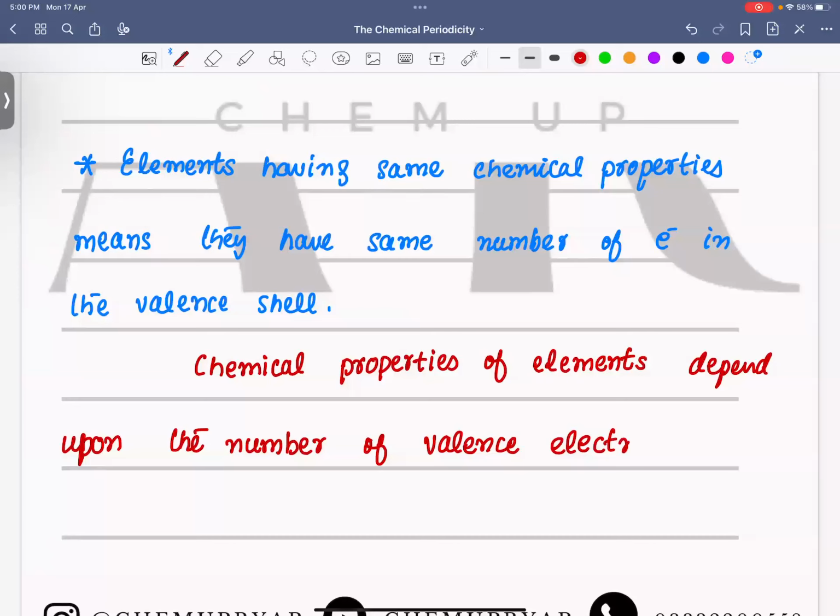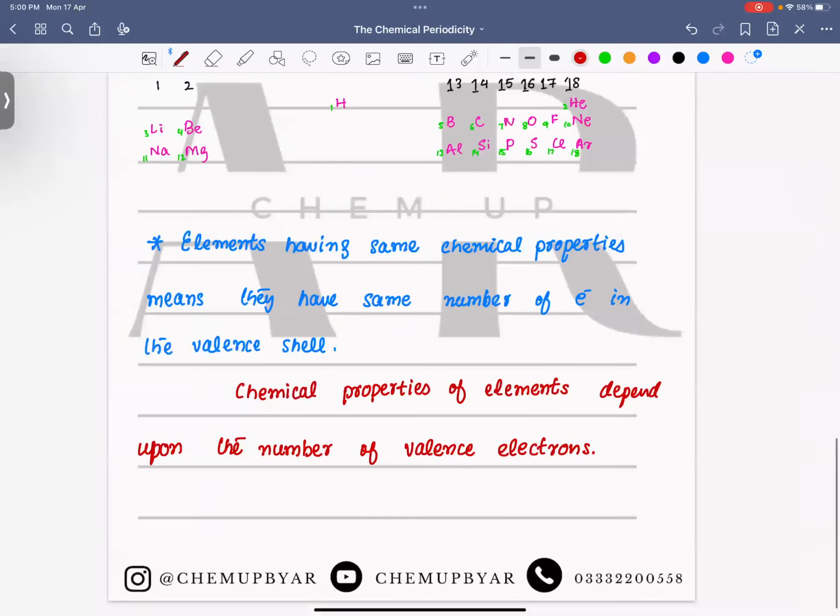If two different elements have a same number of valence electrons, it means they have a same chemical properties. Is this clear to everyone?